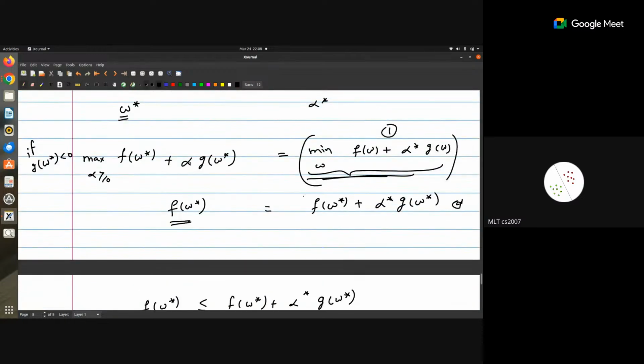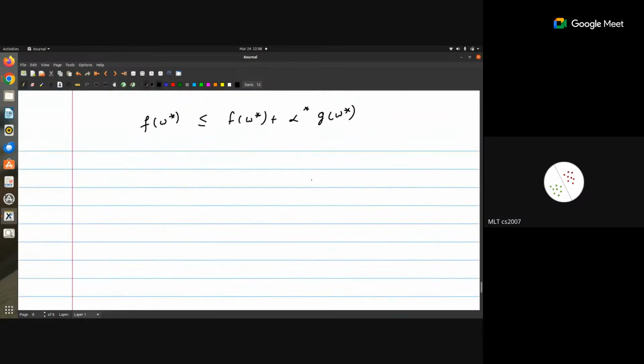I'm just writing it down here. This should be less than or equal to. Why is it like that? We can think about it maybe after a few minutes. What about this? This will get cancelled. What we are left with now is the case where alpha star is greater than or equal to 0.